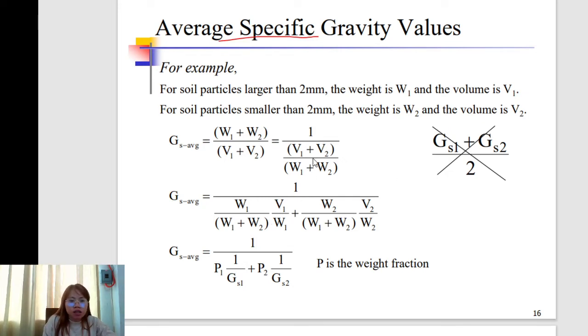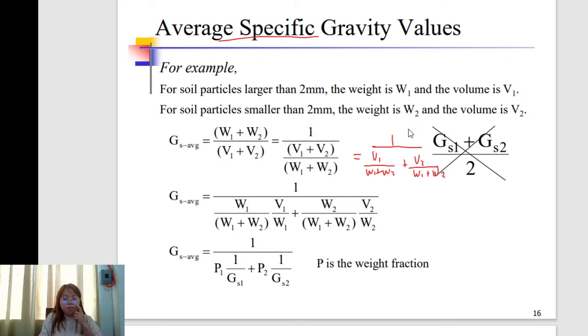And this is actually the same as this one. Using the property of addition, V sub 1 over W sub 1 plus W sub 2 plus V sub 2 over W sub 1 plus W sub 2. Or from here, you can also express this as this one.